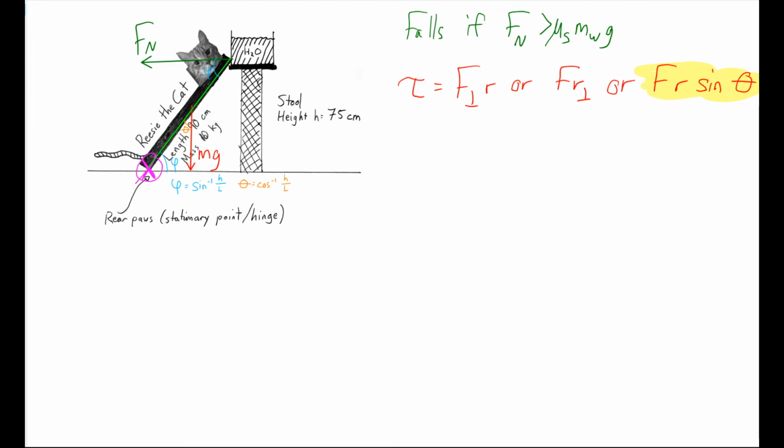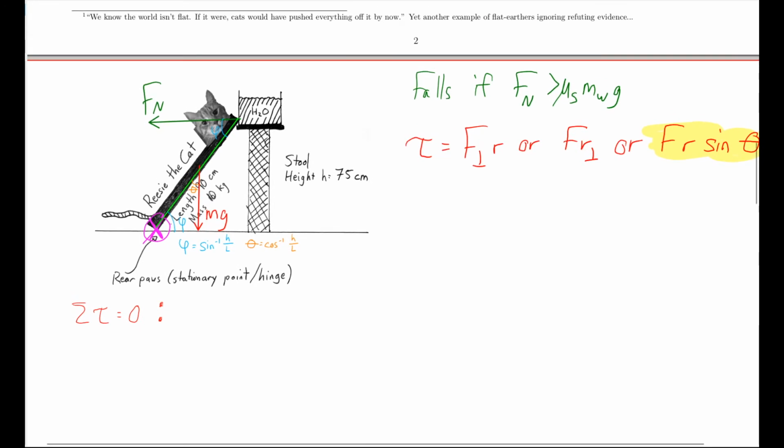I know that if Ricci is going to be stationary, the net torque is 0. So the torque due to gravity is going to be negative. Remember, clockwise is negative, counterclockwise is positive.